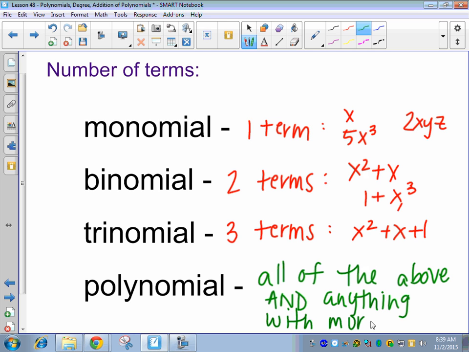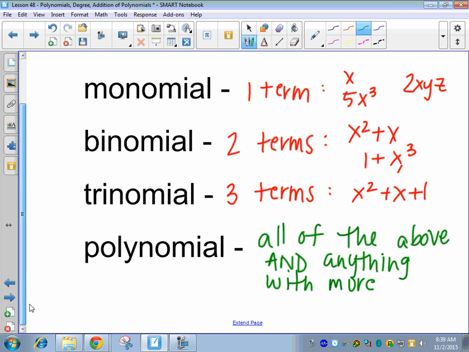If something has more than three terms, we would just call it a polynomial. You can call it a certain amount of terms polynomial, but we don't have special names for the other ones. Anything, of course, being ones that follow the polynomial rules we just had on that first slide.